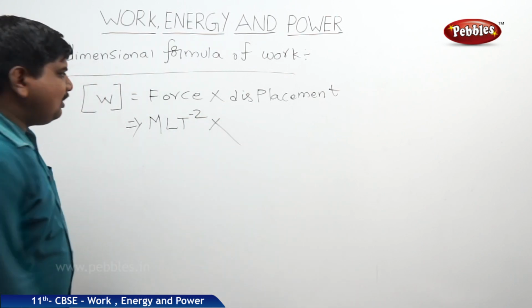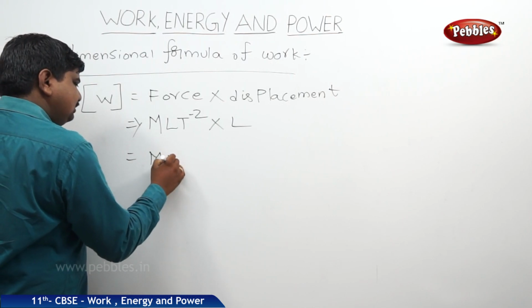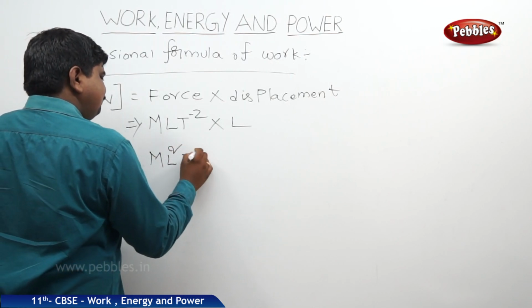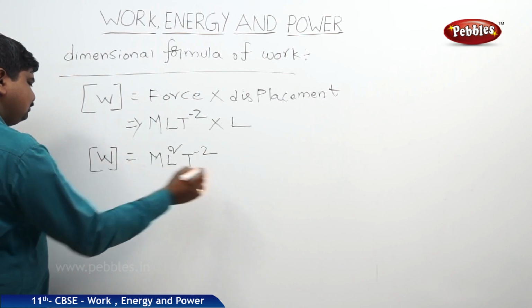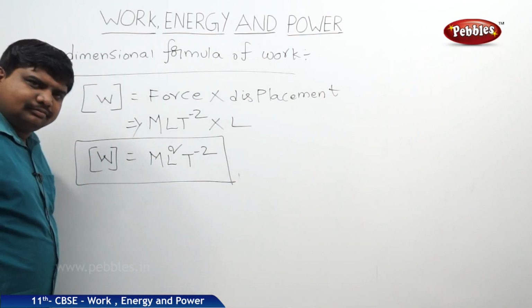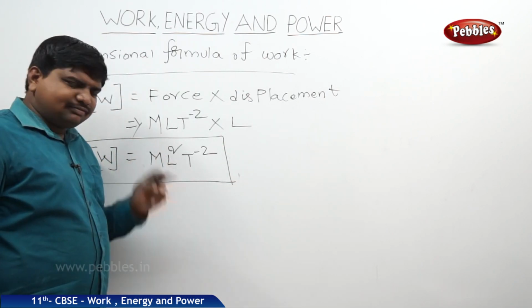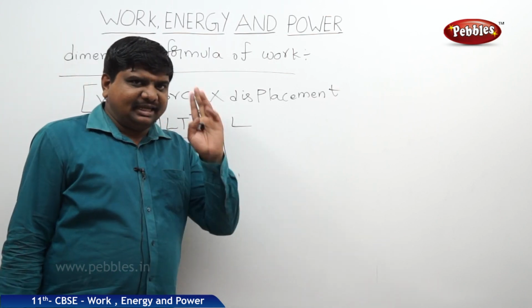The dimensional formula of the displacement is L. So it is ML²T^-2. This is the dimensional formula of the work done, where the dimension of mass is 1, dimension of length is 2, dimension of time is minus 2.